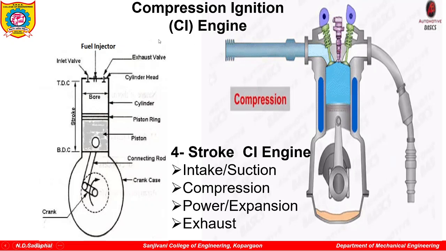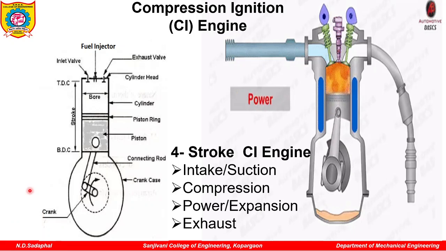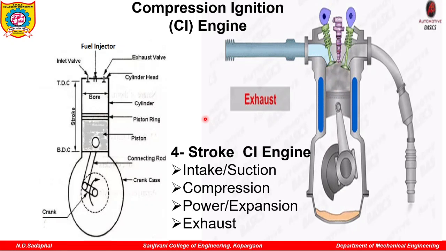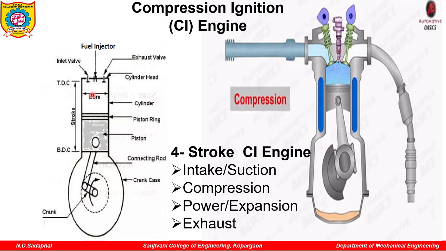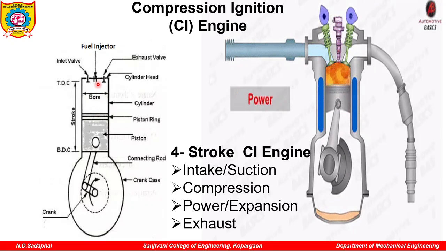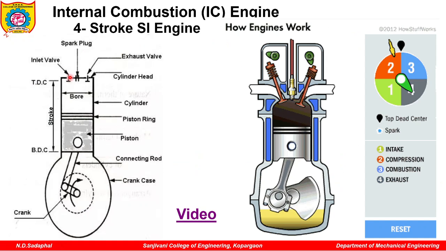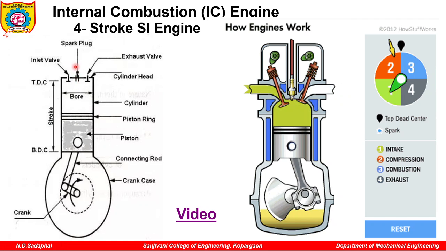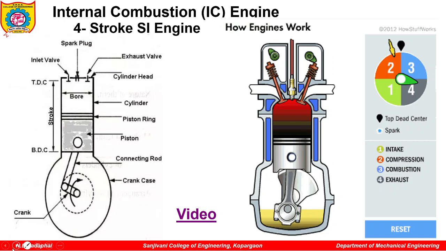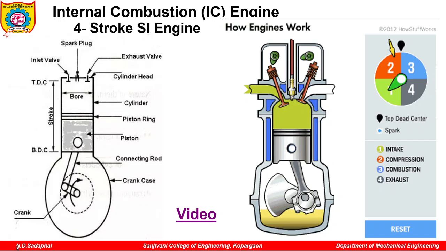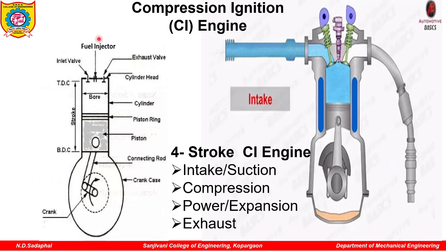Now next is the compression ignition engine, also called the CI engine. The working of the SI engine and CI engine is the same, but what is the difference? You can see the block diagram. In the SI engine, which you have seen in the previous case, a spark plug is used, but in the CI engine, at the same place, a fuel injector is used.